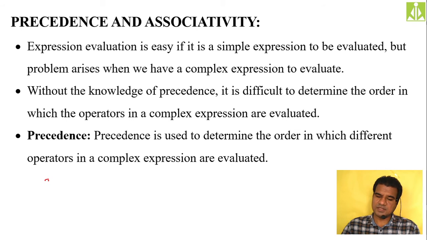Let us say 3 plus 2 is a simple expression because we have only one operator, and it is a binary operator, so it takes two operands. After evaluating 3 plus 2, you will get 5. So 5 is the final value of the expression.